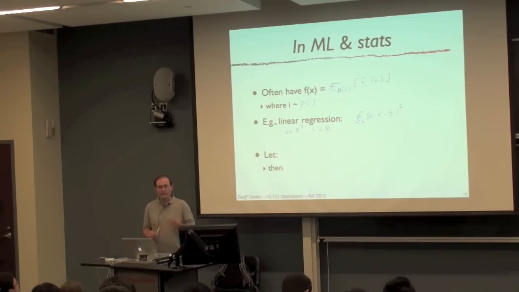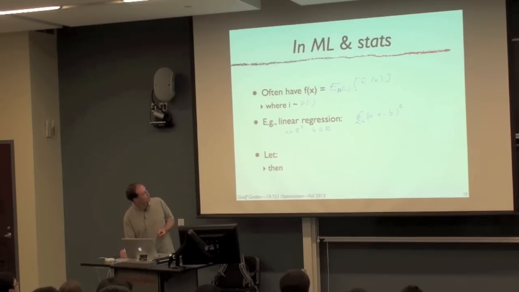What we typically do in a situation like this is, this thing is really hard to evaluate because we have to integrate over a possibly infinite distribution, and we might not be able to do that. We might not even know p. We might just be able to sample from it.